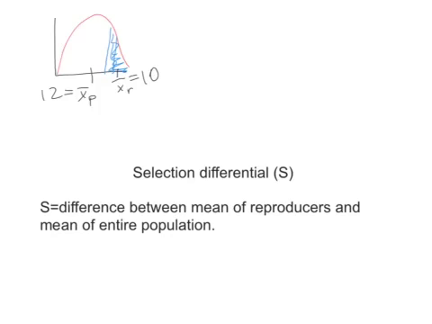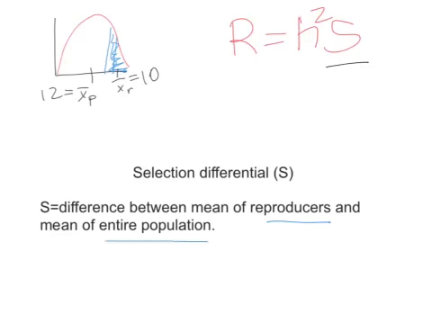So now let's look at S. Let me rewrite Breeder's equation. R is equal to H2S. Now we are looking at S. S is the selection differential. It is the difference between the mean of reproducers and the mean of the entire population.